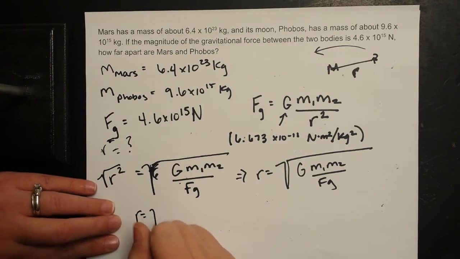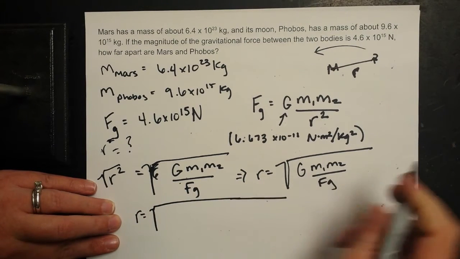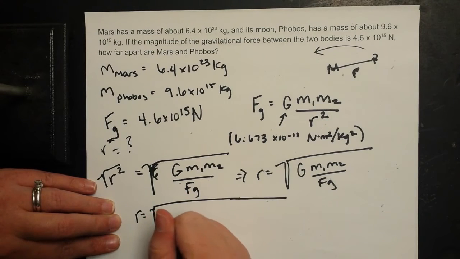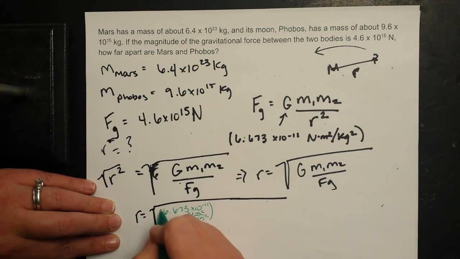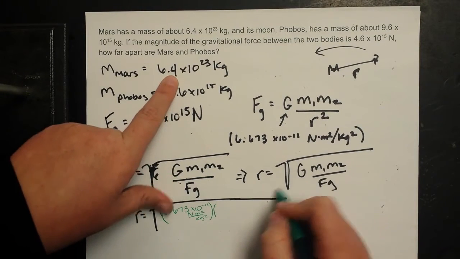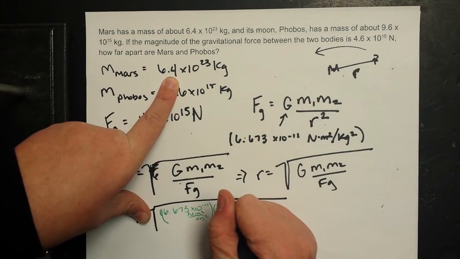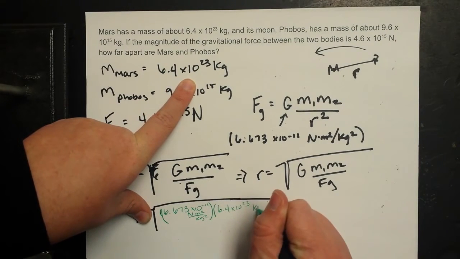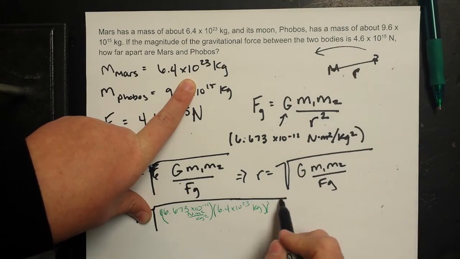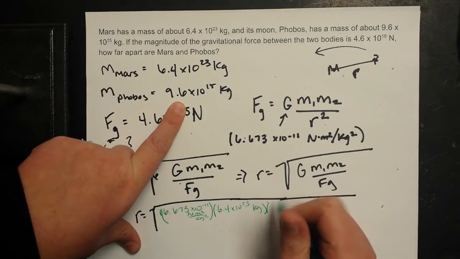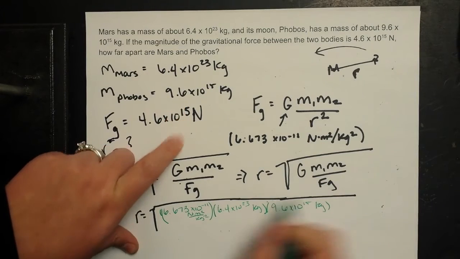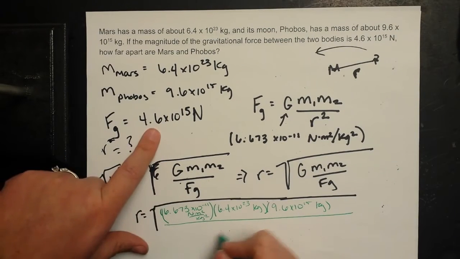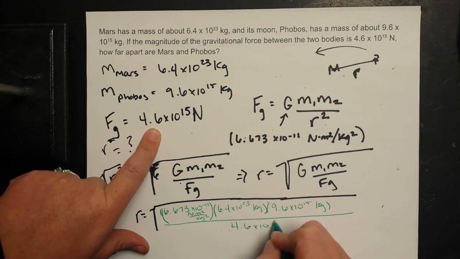So let's plug in what we know. We got that it's the square root of, I'm going to use a pen so that way I don't run out of room, 6.673 times 10 to the negative 11th Newton meter squared per kilogram squared, times m1, so the mass of my first object, I'll call it Mars, 6.4 times 10 to the 23rd kilograms, times the mass of my second object, so in this case Phobos, 9.6 times 10 to the 15th kilograms, all over my gravitational force, so 4.6 times 10 to the 15th newtons.